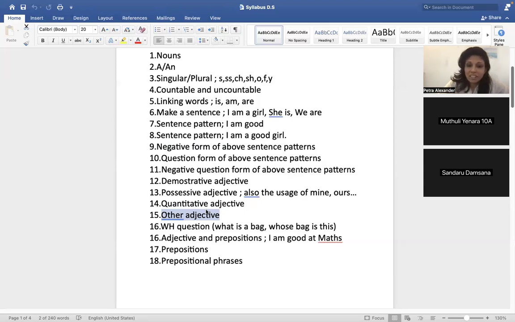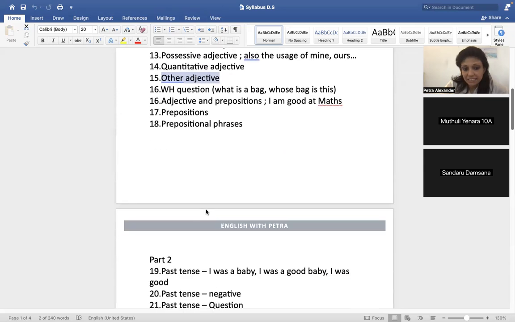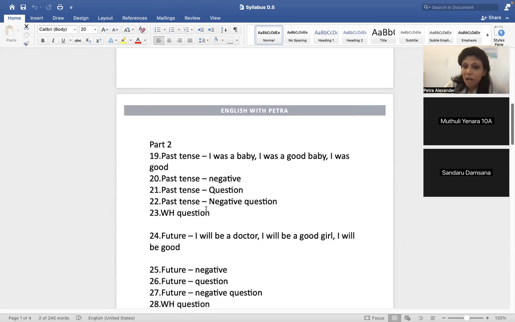Okay. Next one, adjective and prepositions, like I am good at maths. Right? Okay. Next one, prepositions. So I think we have to do prepositions and prepositional phrases today.